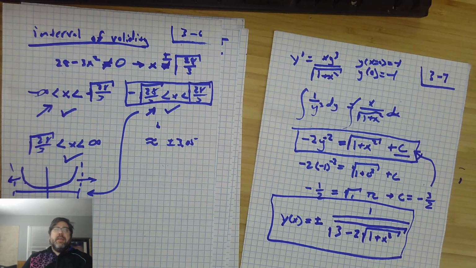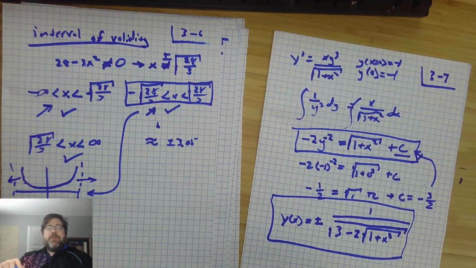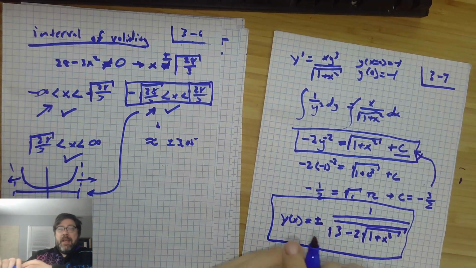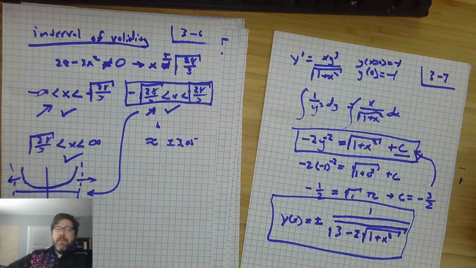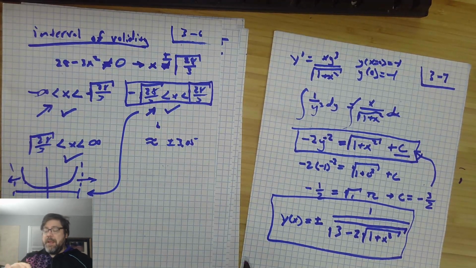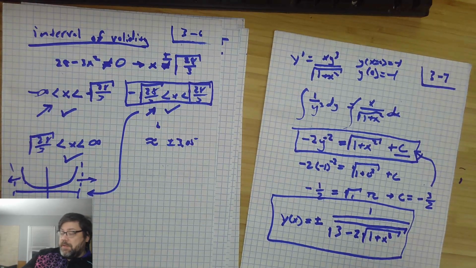All right. So if this is my explicit solution, what about my interval? What's my interval of validity? Well, in this case, we have a couple problems. We have x in the bottom of a fraction, so we still want to be careful that this thing doesn't explode in some way.